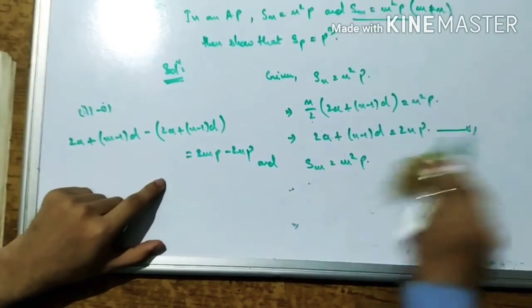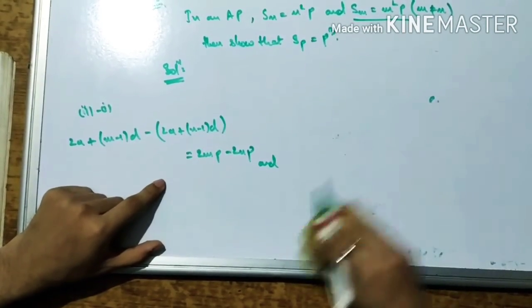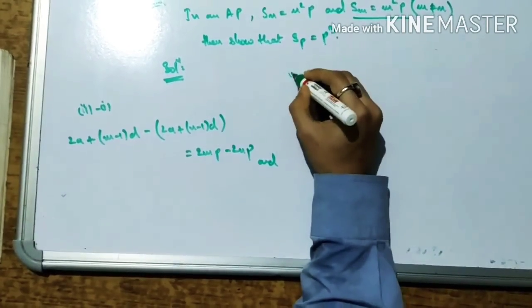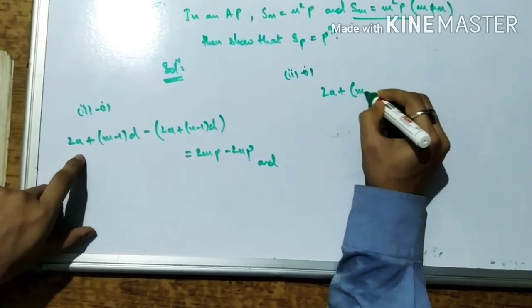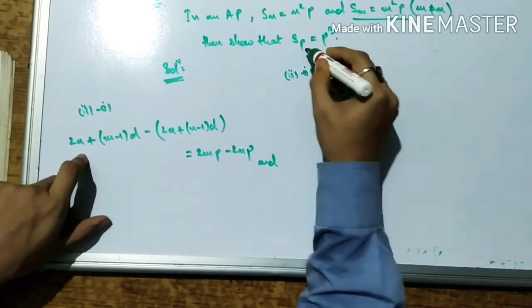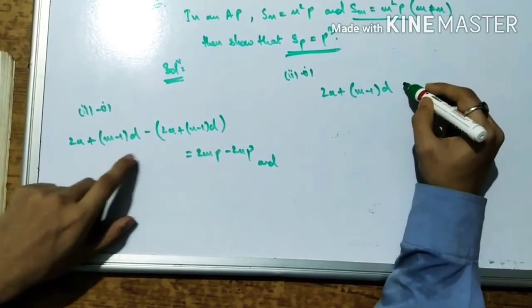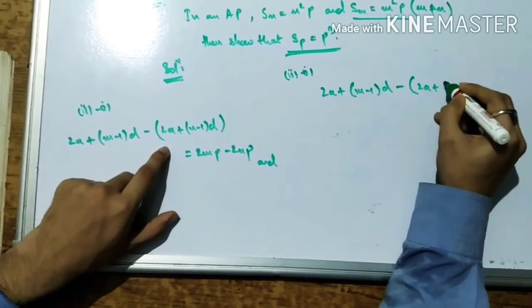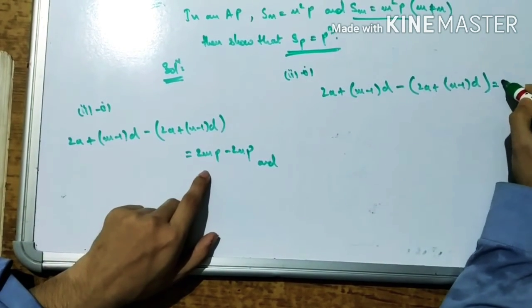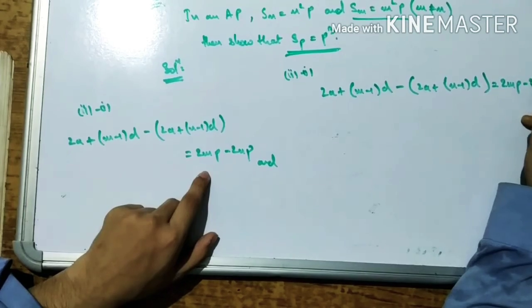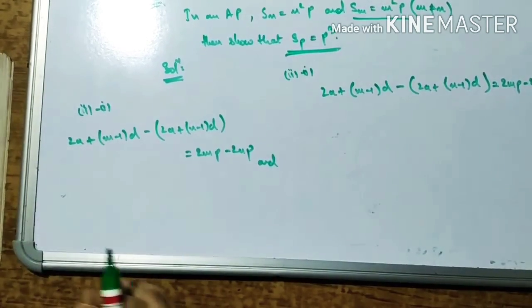Let me write this subtraction nicely here. This is what I have done, 2 minus 1. Then I got 2a plus (m minus 1)d minus (2a plus (n minus 1)d) is equal to 2mp minus 2np.